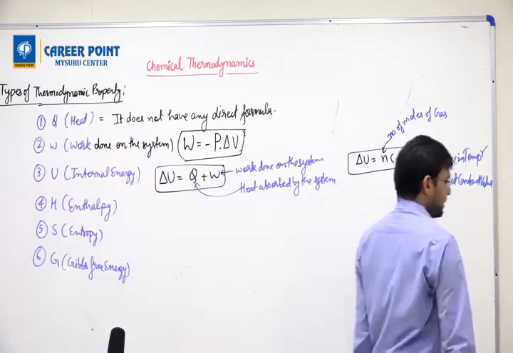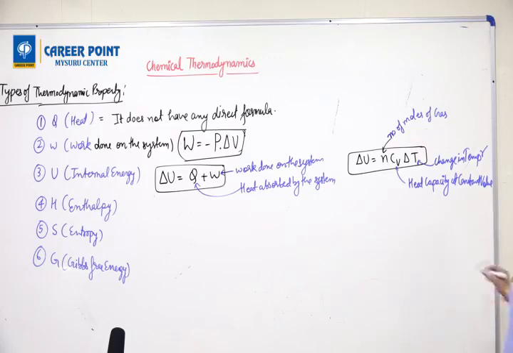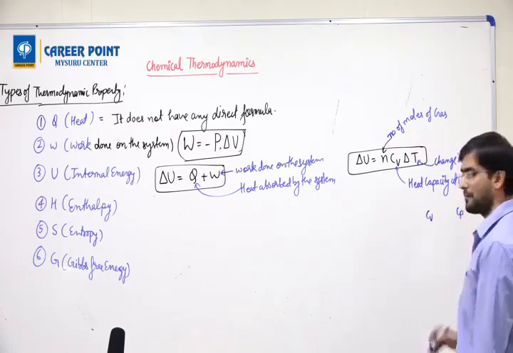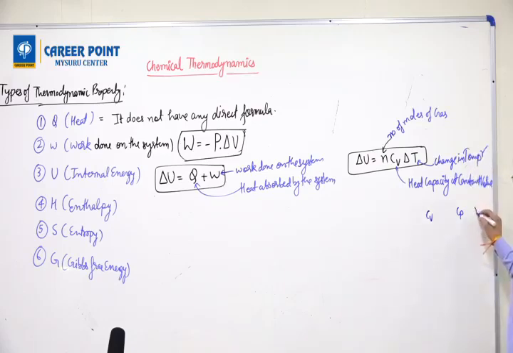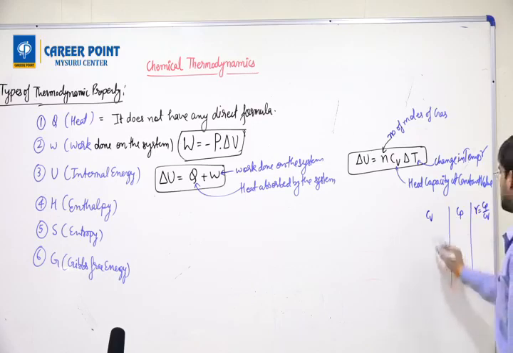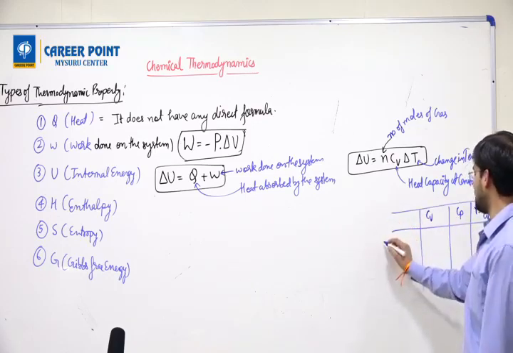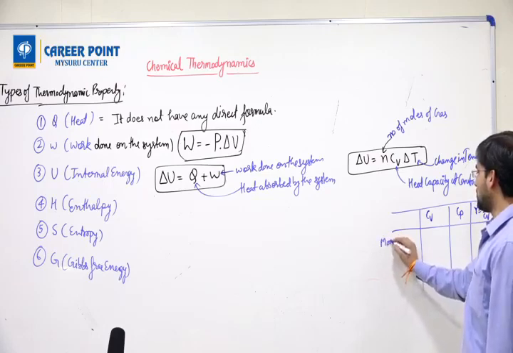Here is CV, there is CP, and then there is gamma, which is known as CP by CV. I'm going to make a table. Here I write monoatomic gas.